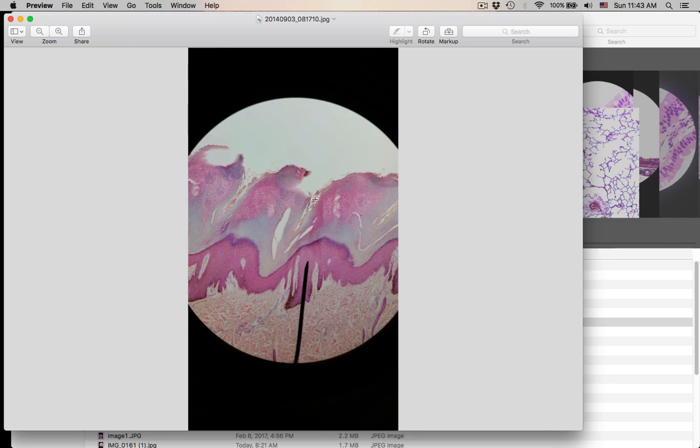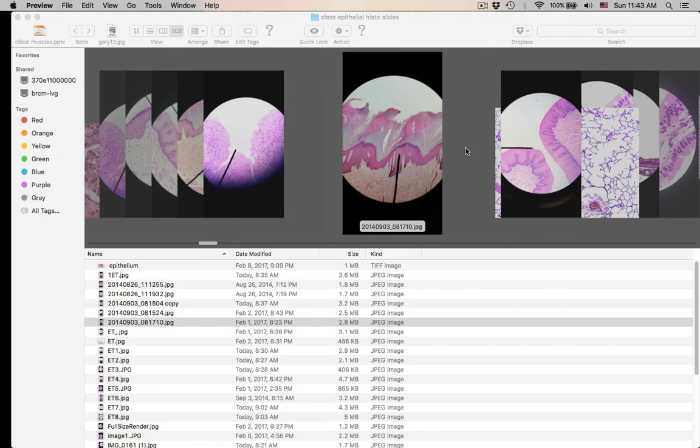But the epidermis of the skin is stratified squamous keratinized, right? The answer for number 6 was this is the epidermis, from here to here. When you hear the word epidermis, you should automatically think stratified squamous keratinized. That is the epidermis.